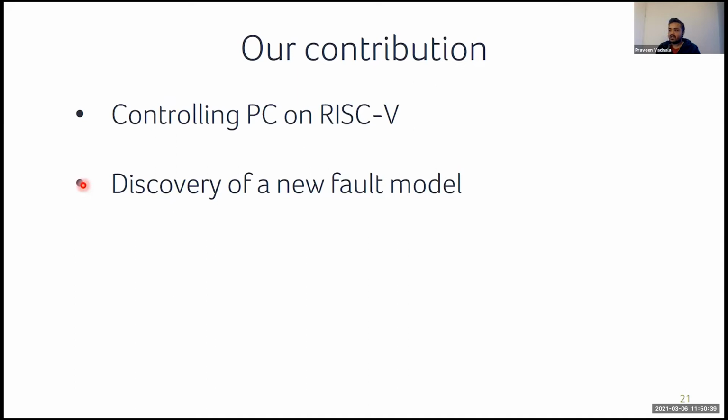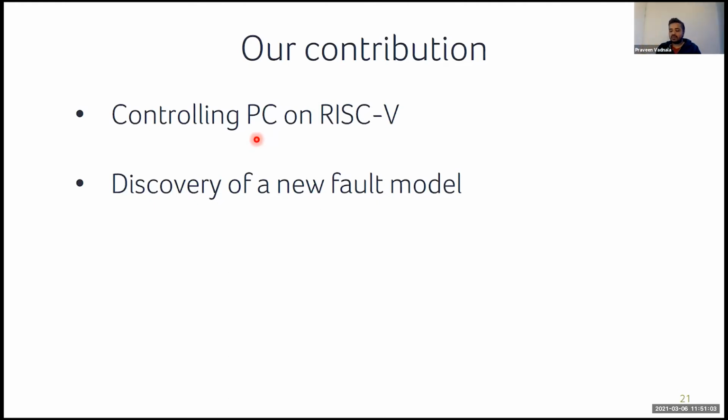While doing that, what we discovered is, and we will get into more detail later, that in the RISC-V ISA, the program counter is not directly accessible to the programmer. It's internal, not directly exposed in the programmer model of the ISA.